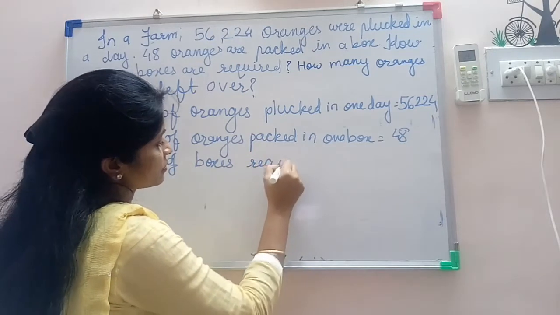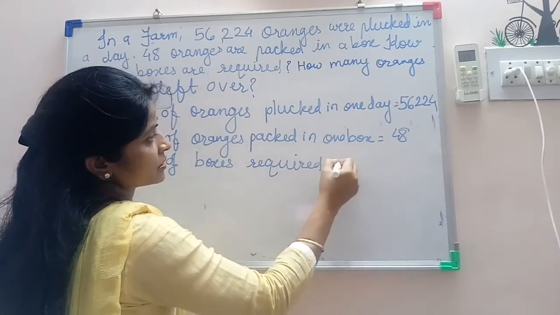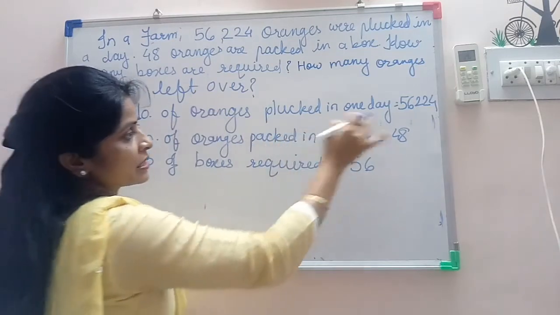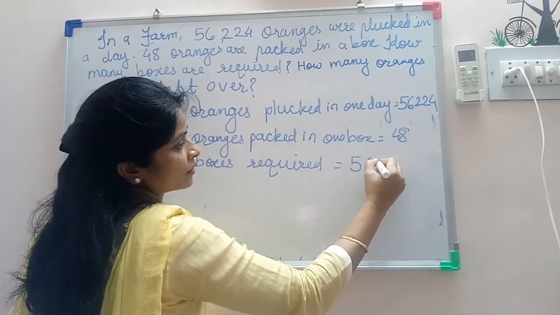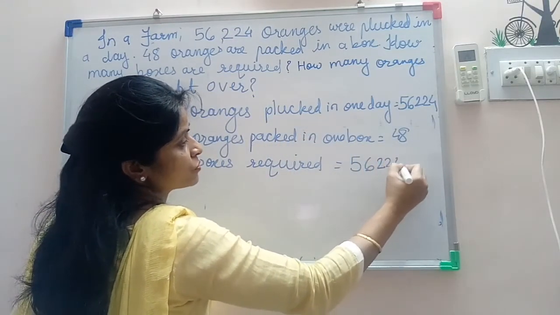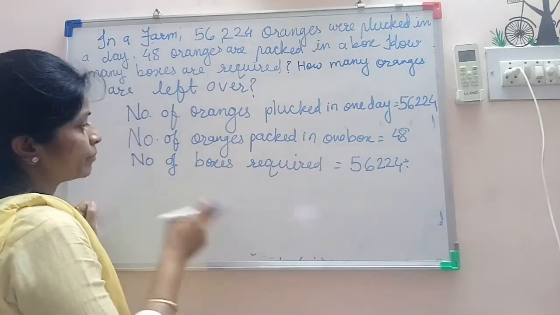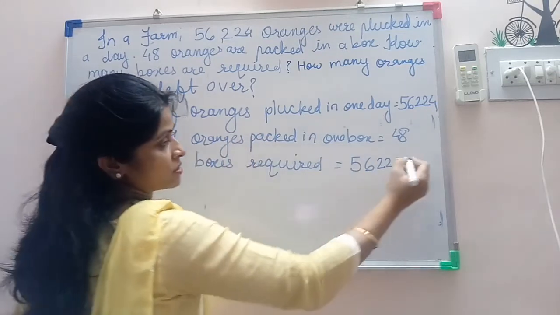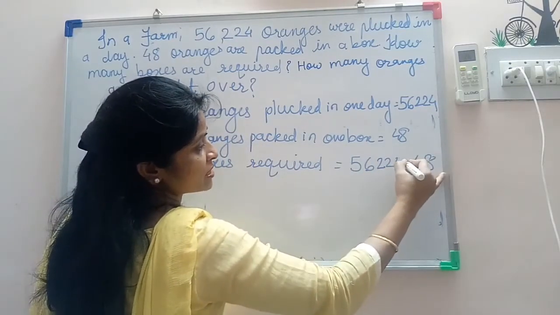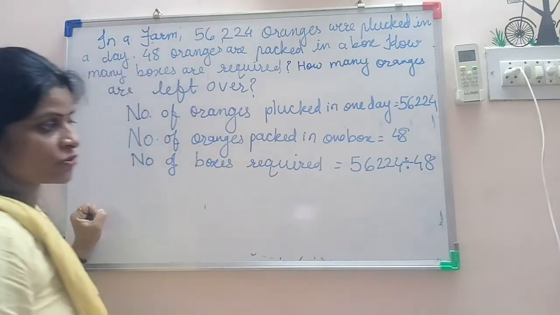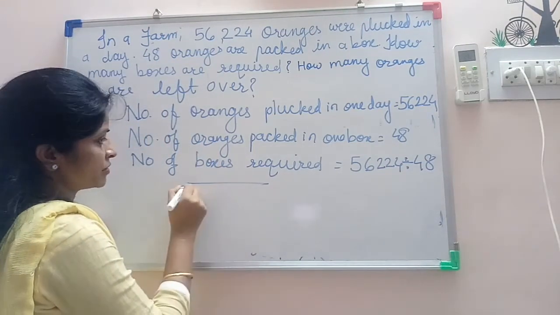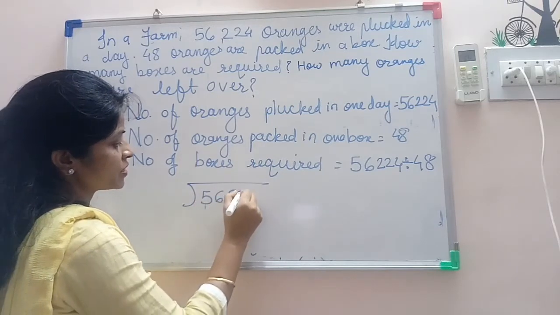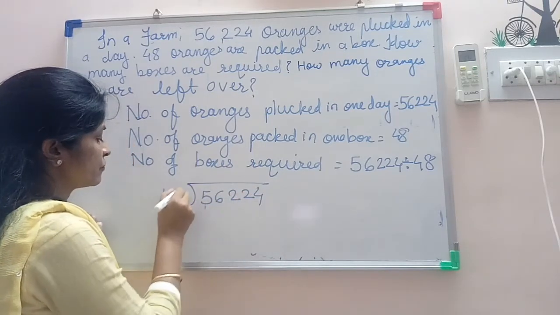For that, number of oranges plucked in a day, you have to divide it by the number of oranges packed in one box, that is 48. Now we will start doing the division, that is 56,224 divided by 48.